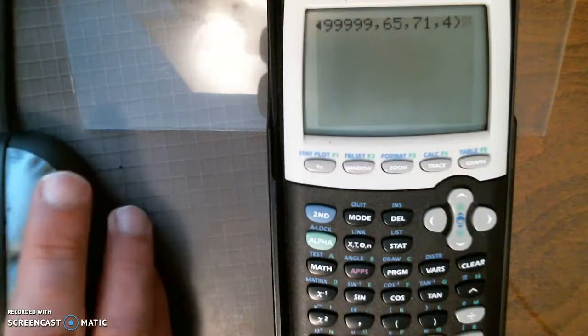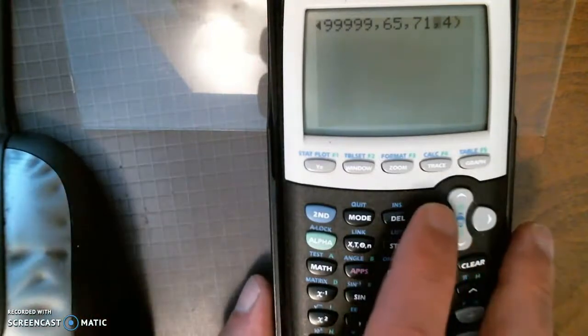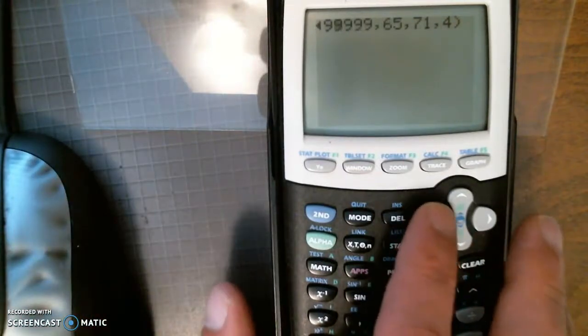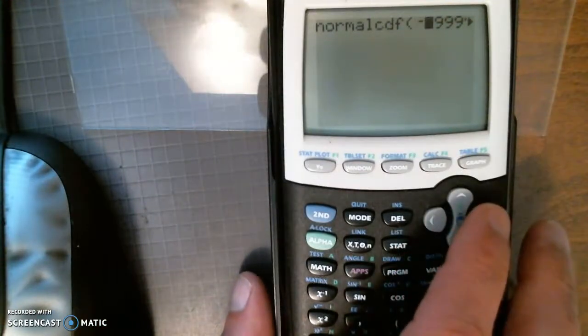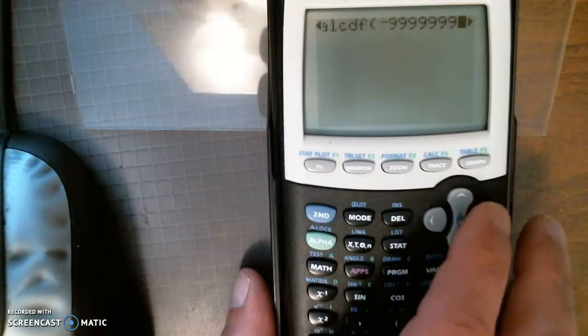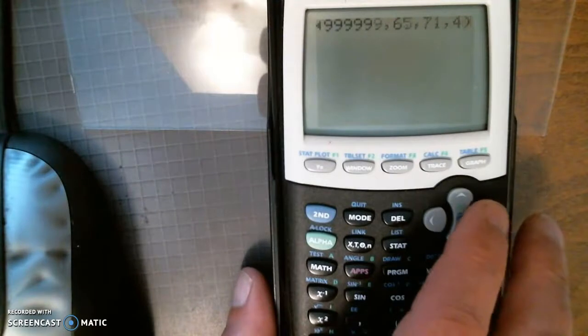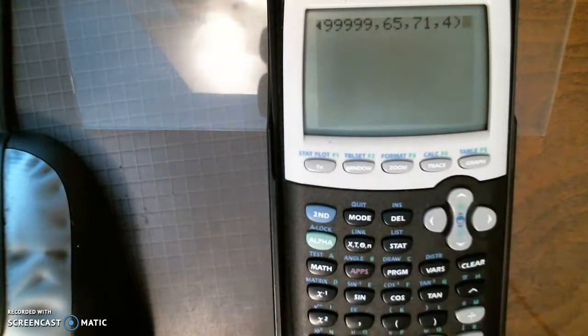Now for those of you that don't have this type of calculator, this is what it's going to look like when you type this in. You'll do normal CDF, there's your lower bound, comma, upper bound, comma, mean, comma, standard deviation.